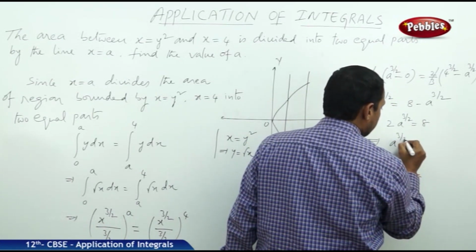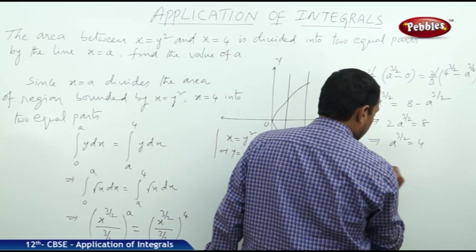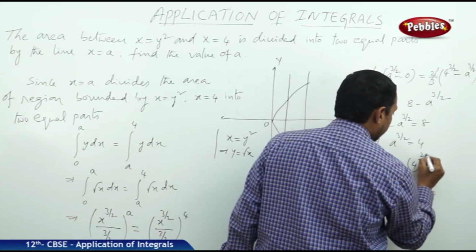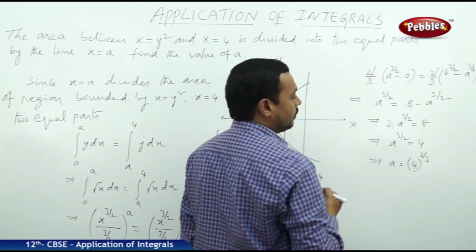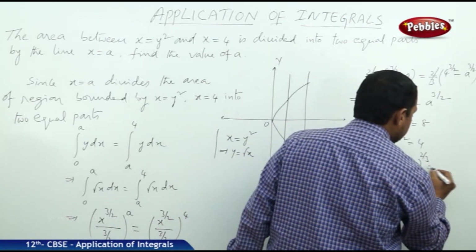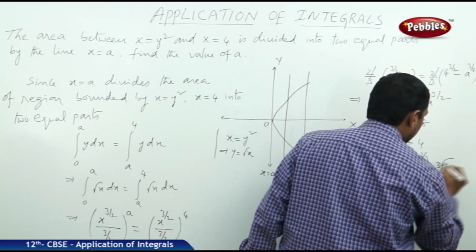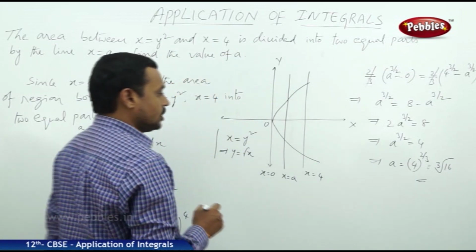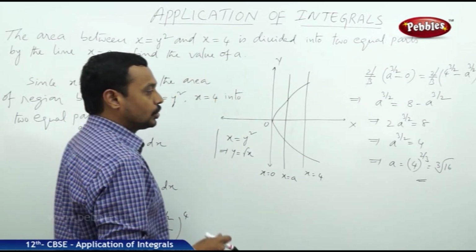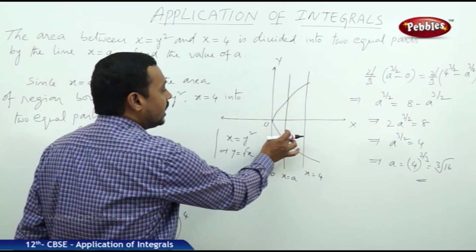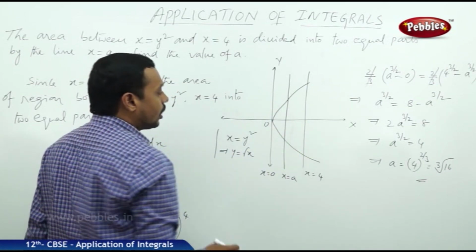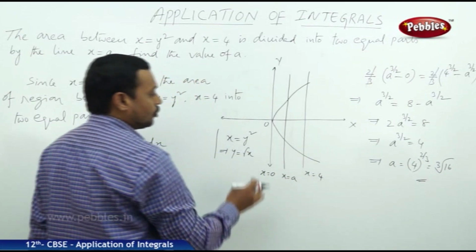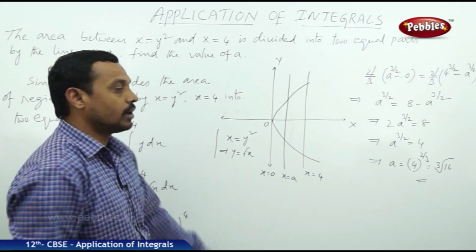A power 3 by 2 is equal to 4. A is equal to 4 power 2 by 3, or it is the cube root of 4 square, 16. Therefore, at x is equal to a, where a is equal to cube root of 16, the area bounded by the curve and x is equal to 0 and x is equal to 4 is divided into 2 equal parts.